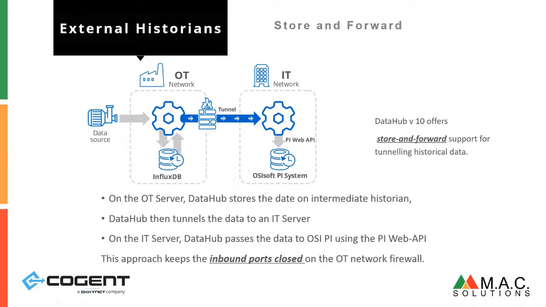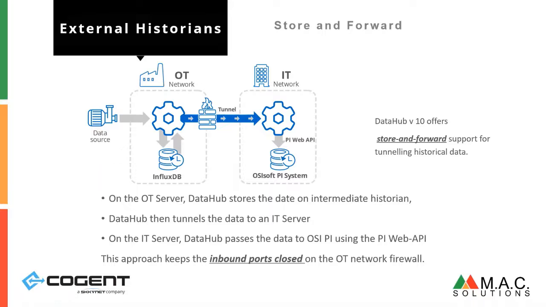And so in this particular case, we're showing that we're connecting to OSI Pi. But if the connection between the tunnel failed, the data would be stored locally on the OT network until such time as the connection is reestablished, and then it will backfill into the Pi historian. So really no loss of information.